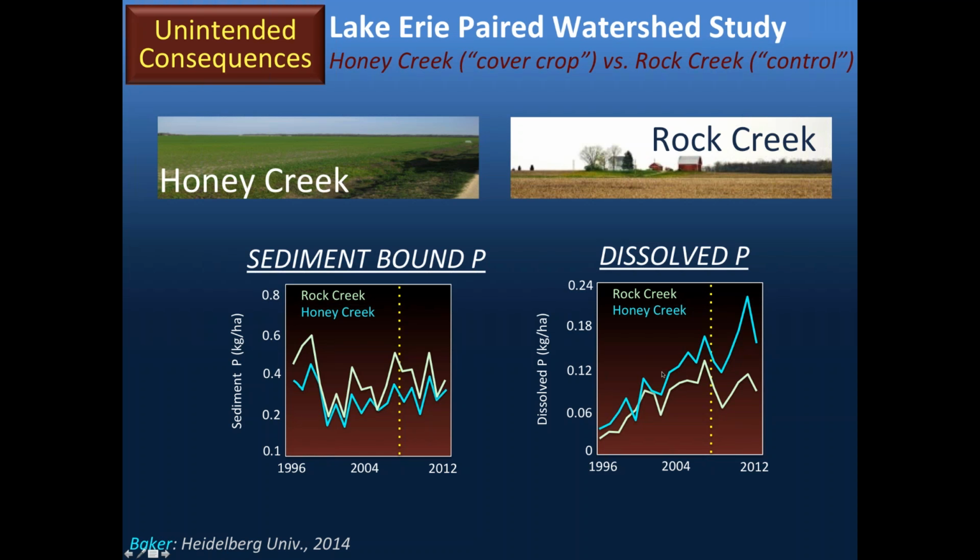But when you go over and look at dissolved phosphorus, what you see is that in Honey Creek, where they implemented the cover crops and the no-till, you started to see a separation, and this was a statistically significant separation in terms of the dissolved phosphorus losses from Honey Creek watershed relative to Rock Creek watershed.